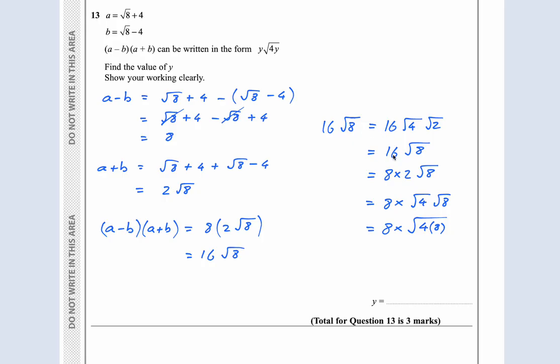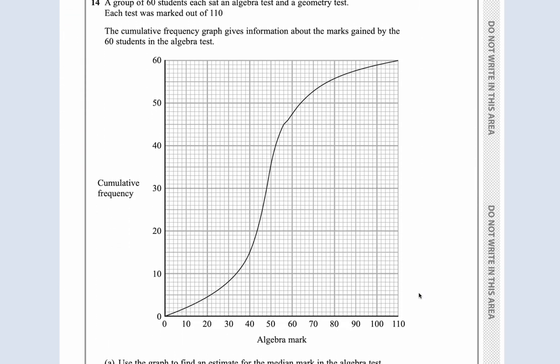So this is equal to this because 8 times 2 is 16. 2 is root 4, because I want to get my root 4 here, and then I can put these both in the same root. 4 times 8, therefore y is equal to 8. Okay, that's question 13.